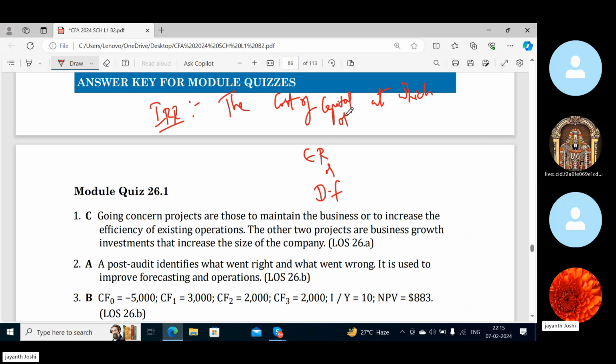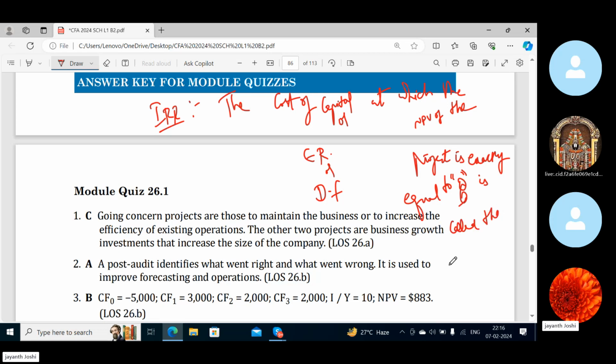So the cost of capital at which the NPV of the project is exactly equal to 0 is called the IRR of the project.